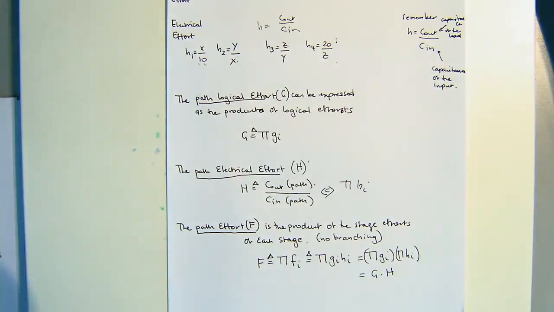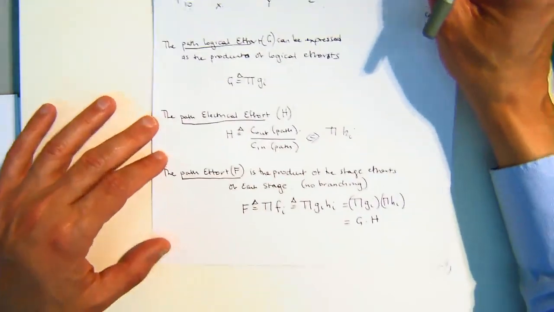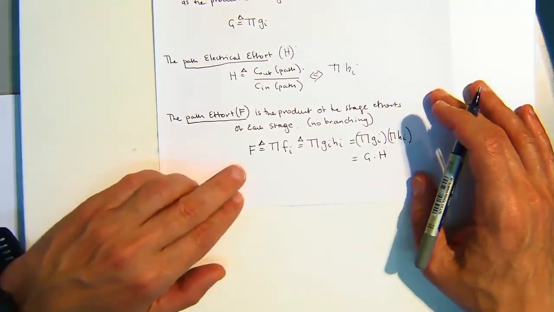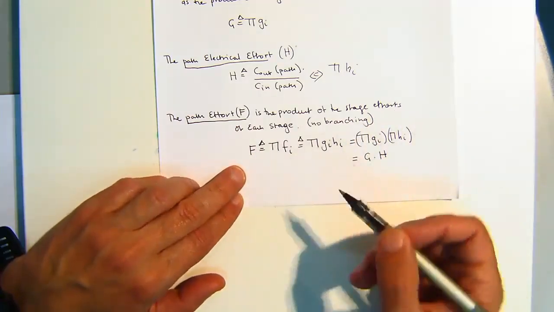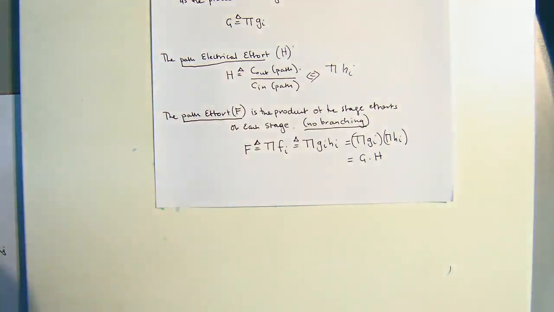Okay. Now let's talk a little bit about path effort. The path effort is essentially the product of the stage efforts. And of course, I'm assuming here that there's no branching. What we'll do is work out what happens when there is branching.